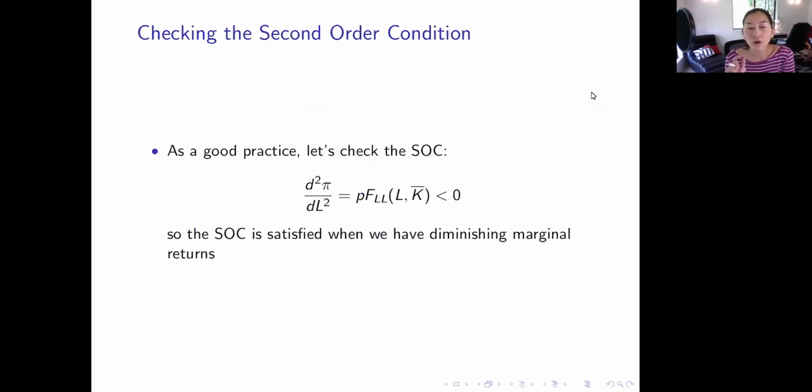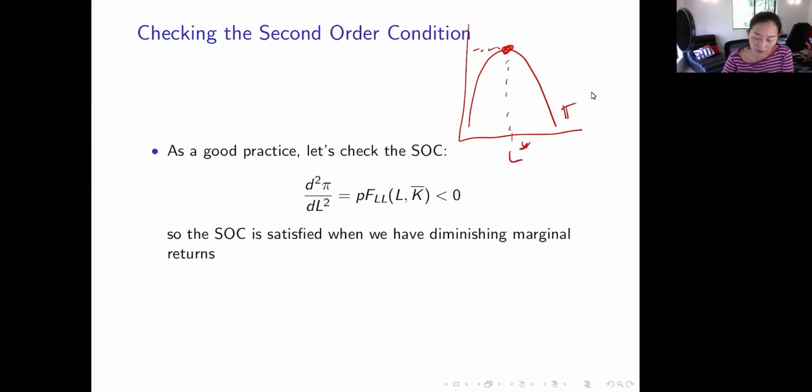Next, it's also always a good practice to check the second order condition, because for the maximization problem, we want to make sure that the shape of the profit function is such that what we found here is actually the maximum point, not the minimum point.